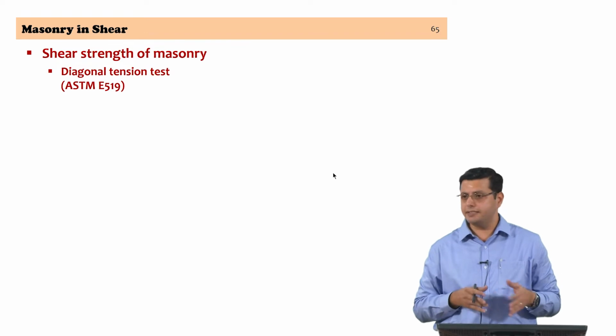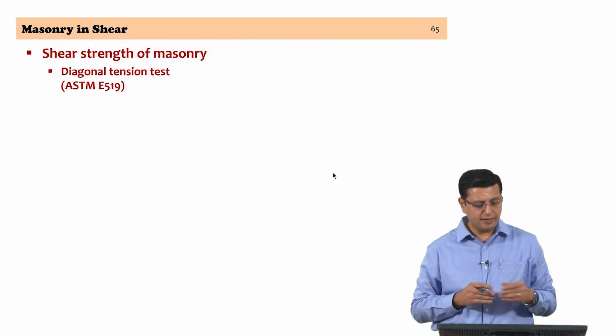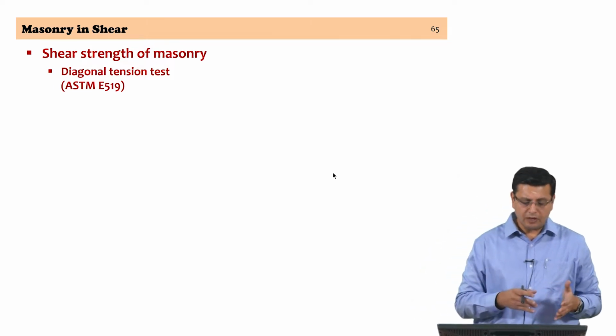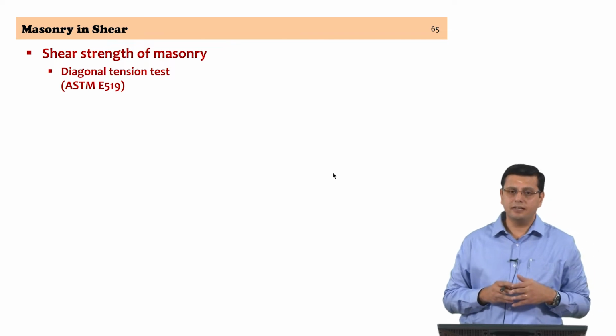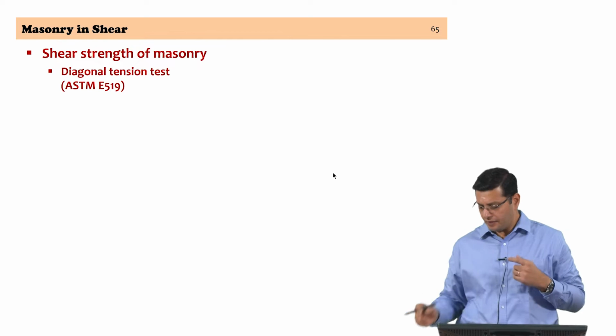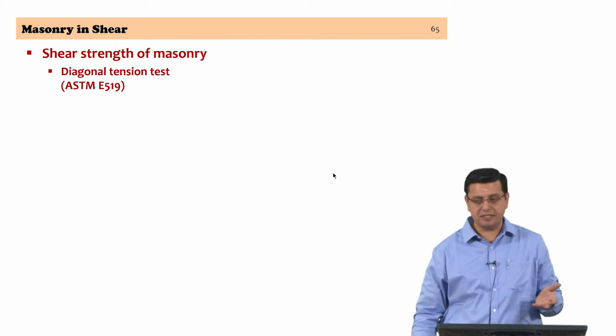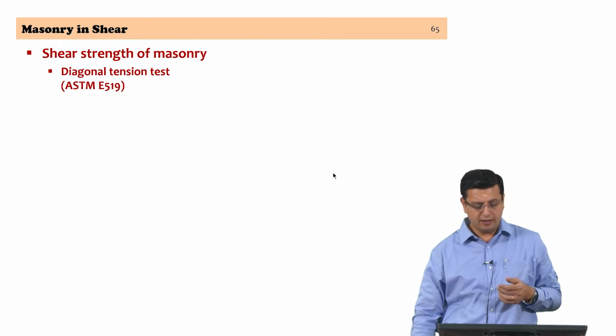We do not have an Indian standard that regulates testing under the diagonal tension condition. The ASTM standard E519 gives the protocol for testing. It is also referred to in the literature as a diagonal compression test, and in a moment you will agree with me why the nomenclature.